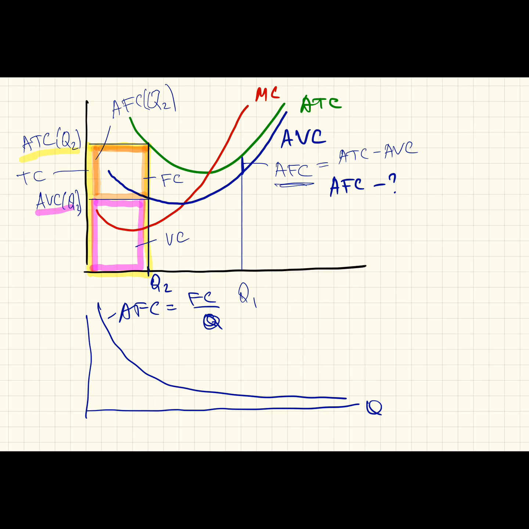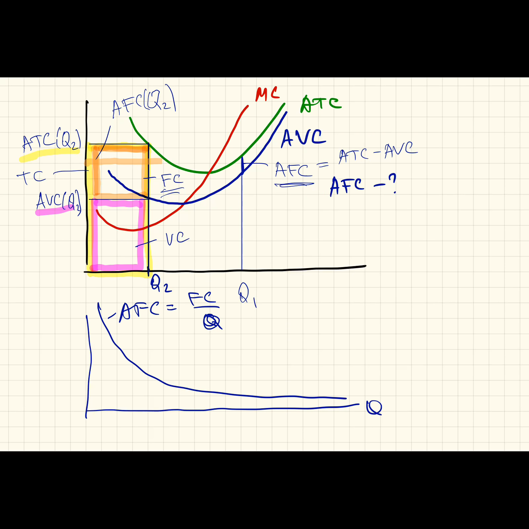All right, another interesting thing is something about fixed cost. Remember, fixed cost never changes. So as you change your quantity, you will see those boxes changing their shape, and most of them will also change their size, but not the FC box, because the FC box will always stay the same in terms of its size by definition, right? Because fixed cost doesn't change.